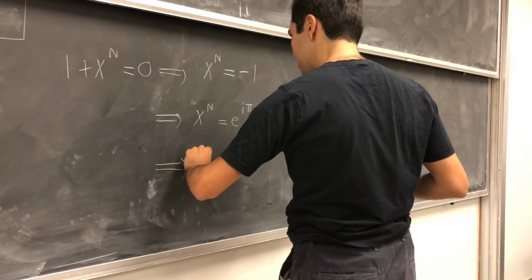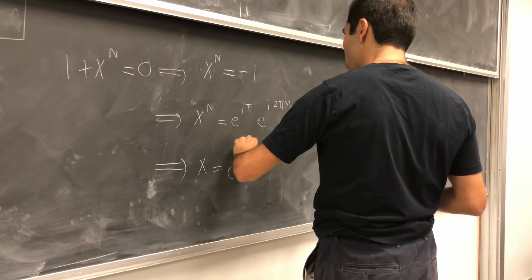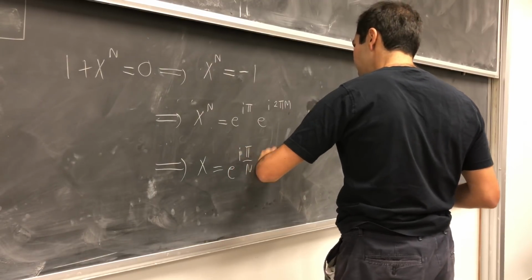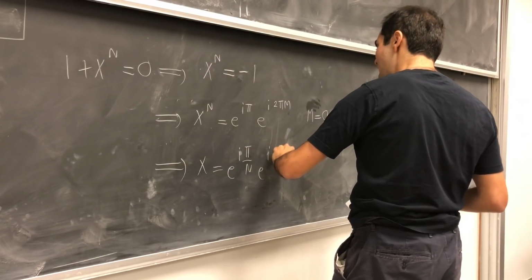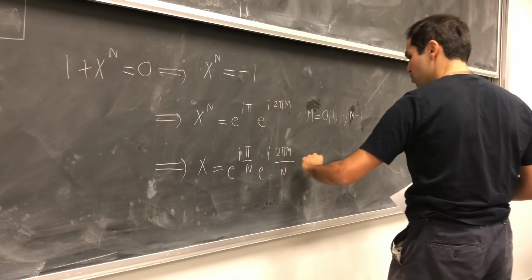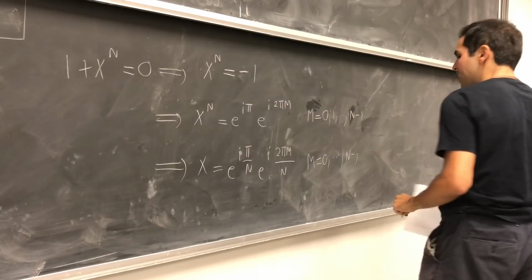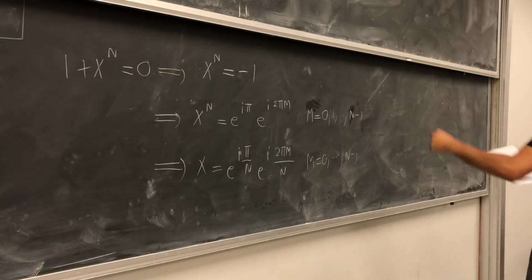So then we get x equals e to the i pi over n times e to the i 2 pi m over n, where again m goes from 0 to n minus 1, and after that there will be a repetition.